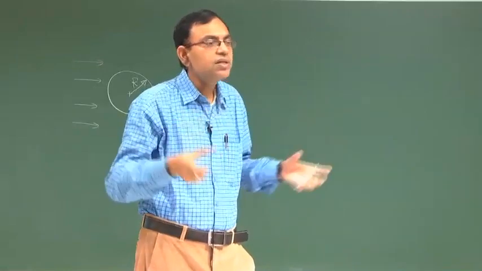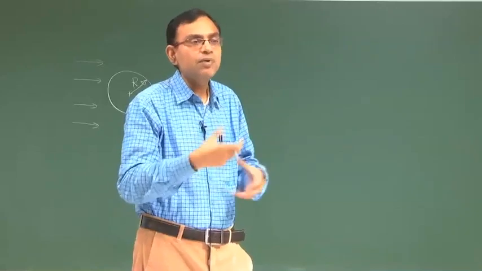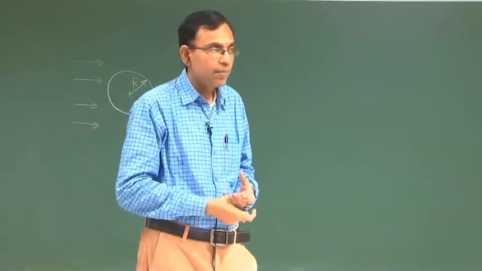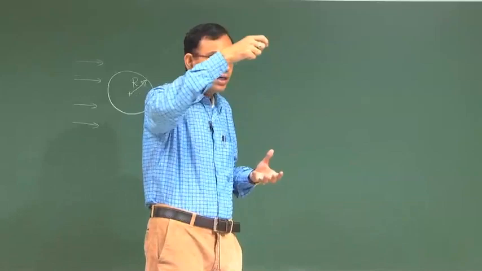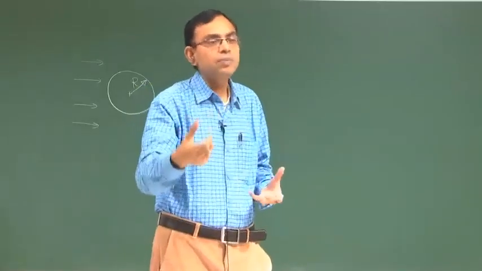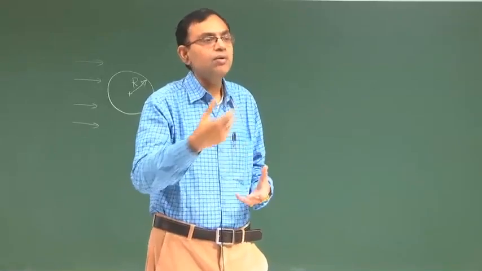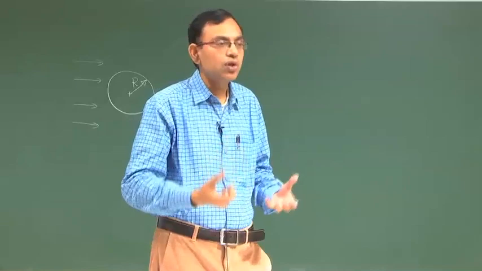Under the action of these three forces, the sphere comes to an equilibrium, and that velocity is called the terminal velocity. Experimentally it is very interesting to measure the terminal velocity and compare it with a mathematical formula which is also known as Stokes law.